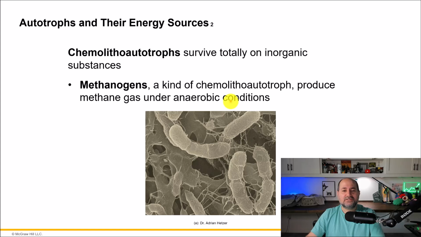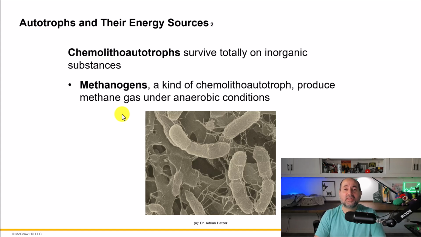In fact, do you know what these guys do? They take CO2 out of the air, right? Because they're autotrophs. They take CO2 out of the air, and then they convert the CO2 to methane, right? And they produce methane gas. It's not the best because methane gas is a greenhouse gas, but that's what they produce as a byproduct.